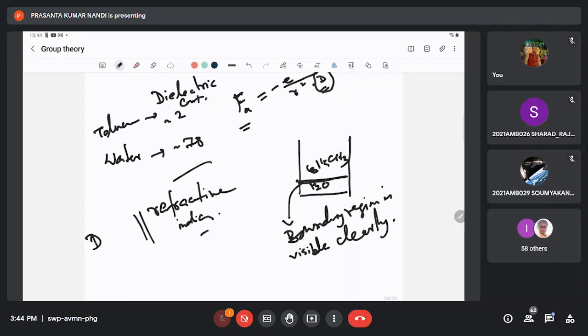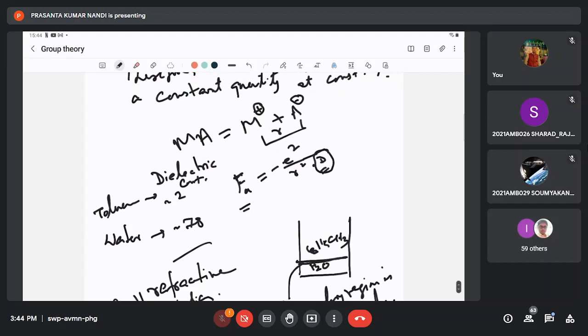So the difference of refractive index plays a significant role in identifying the boundary region of the two layers, toluene and the aqueous layer, water.